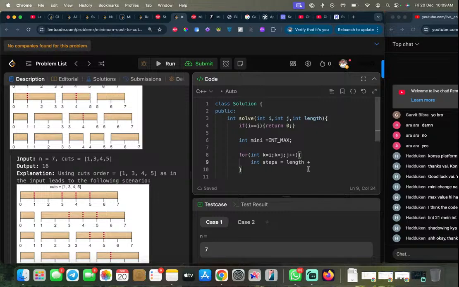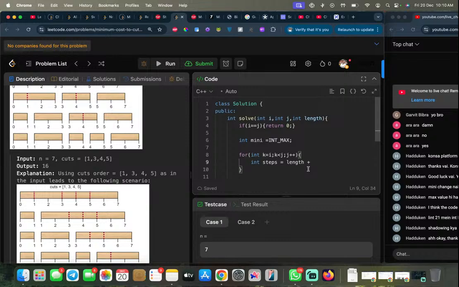So what will be this portion of the array? Where will it start?